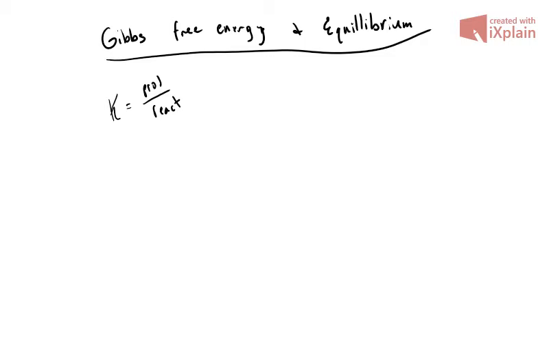Now, if we think about Gibbs free energy and what it means, if delta G is less than 0, meaning it's negative, then it is a spontaneous reaction. Okay, that reaction is going to happen spontaneously.